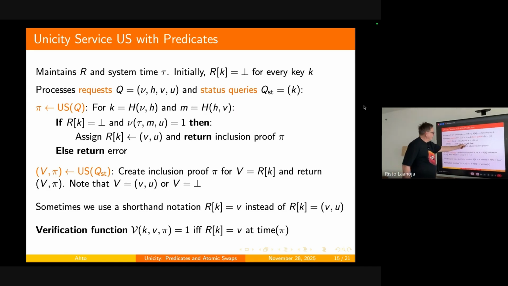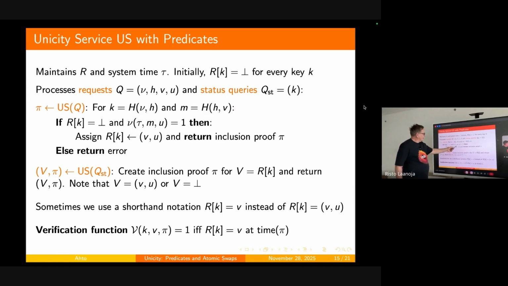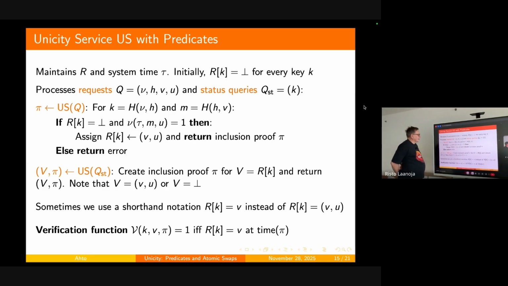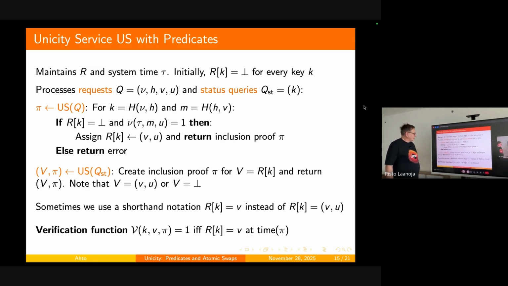We now verify the predicate and assign this value v and the unlocking arguments, the unlocking script. And we return the inclusion proof. Status queries are exactly the same. And we have a verification function as well, similar to the previous case.